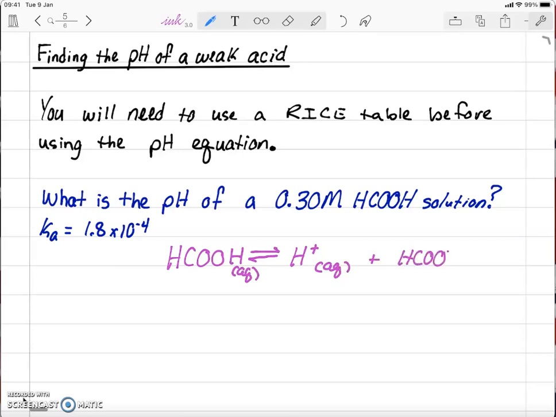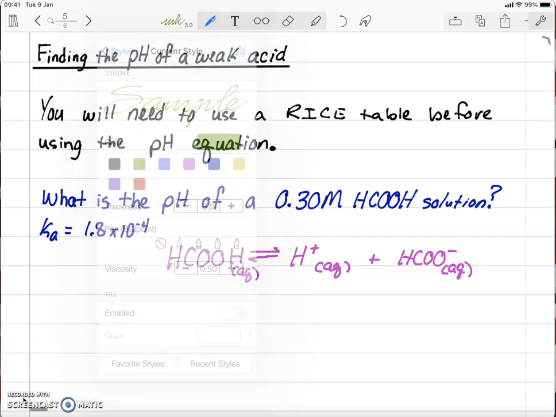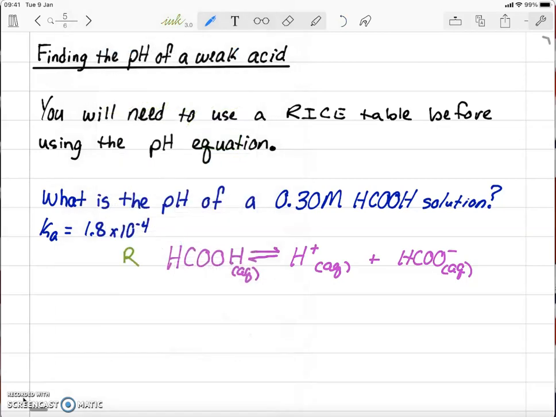And then the methanoic anion. So it'll break up like this. Now, last time we could just take the negative log of the acid and get the pH, but because this is a weak acid, we have to take into account that it's in equilibrium. So we are going to need those helpful or dreaded, depending on your perception, RICE tables.